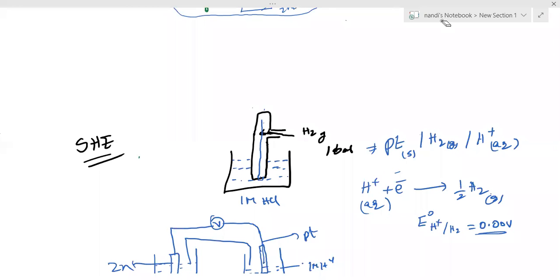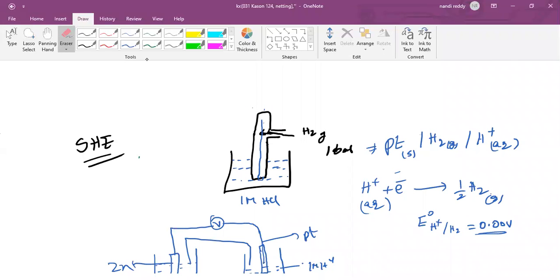The diagram also you can note down, and the adjacent equation also you can write. H plus is gaining electrons, so it is reduction, so hydrogen reduction potential is zero. Okay. If you want, you can see the table on page number 71, the electrochemical series they provided.